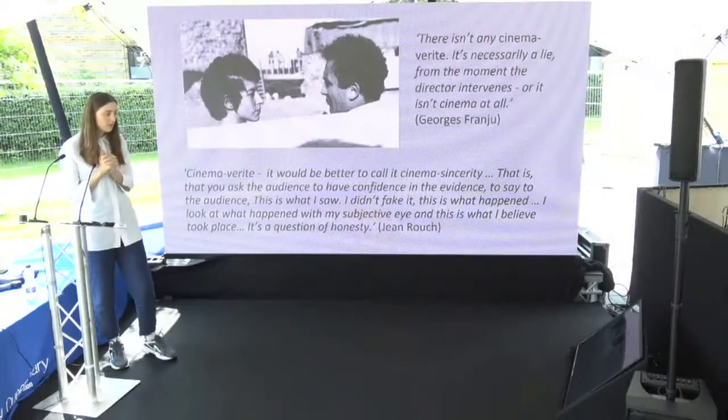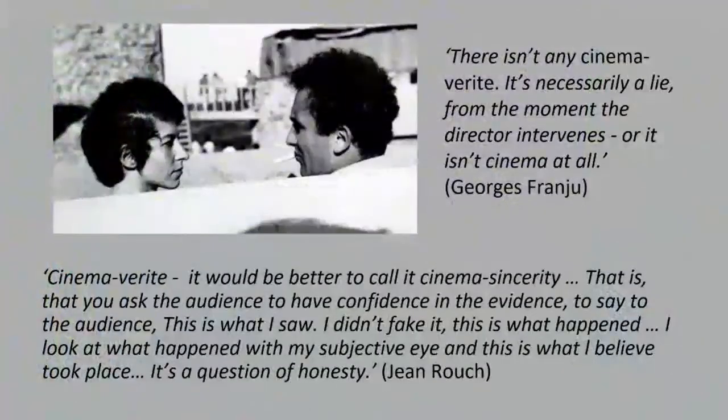Here's a nice quote from a French filmmaker, Georges Franju, who says, "There isn't any cinema verite. It's necessarily a lie from the moment the director intervenes, or it isn't cinema at all."